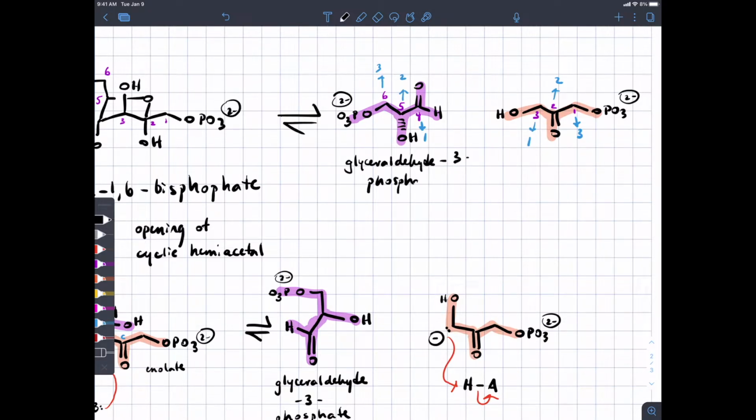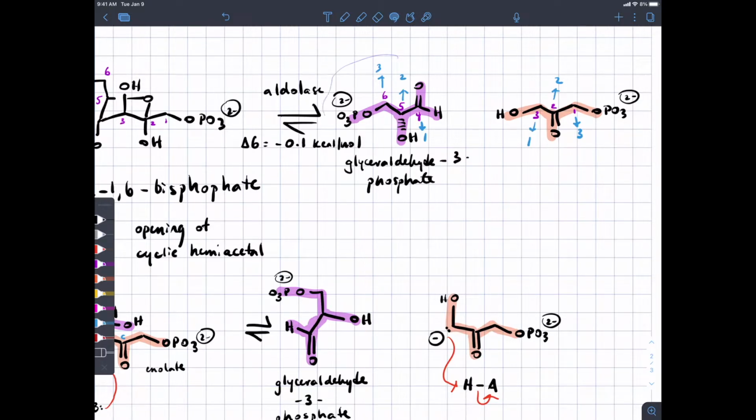I've used equilibrium arrows here because the change in free energy is actually negligible for this reaction. Just to put a number on it, it's basically 0. The enzyme that catalyzes this reaction is called aldolase because it's a retroaldol reaction.